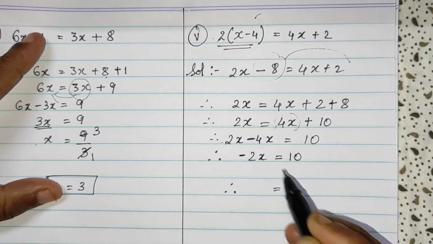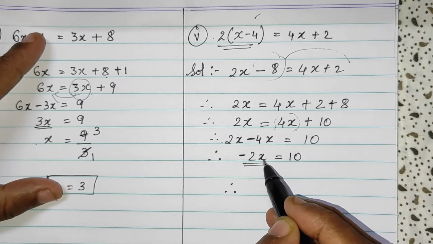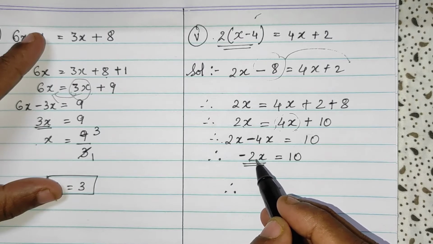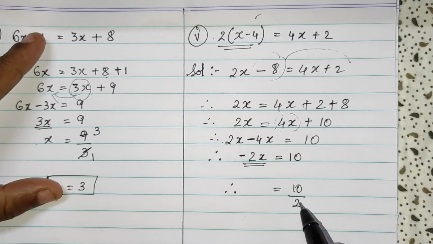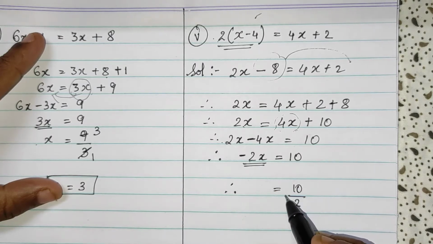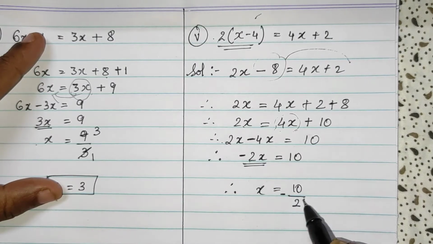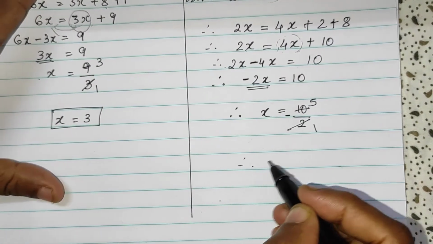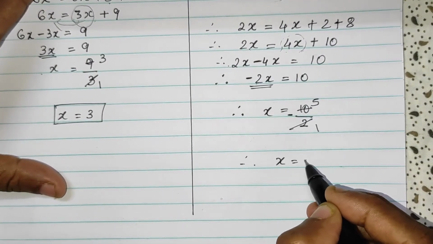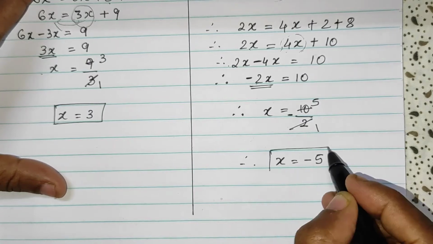So now here this x and 2 are in multiplication form, so this 2 will come here in the denominator. Okay, and this minus will be in the middle. So 2 ones are 2, 2 fives are 10. So you get the answer x equals to minus 5.